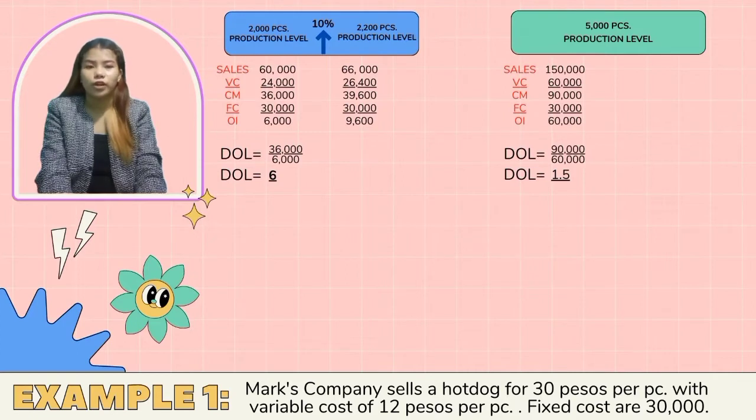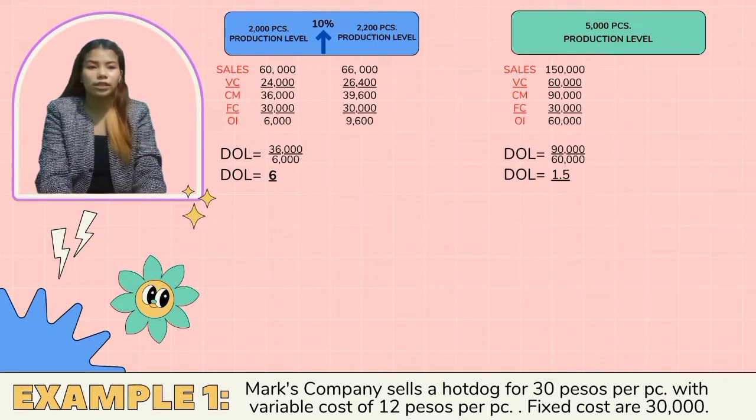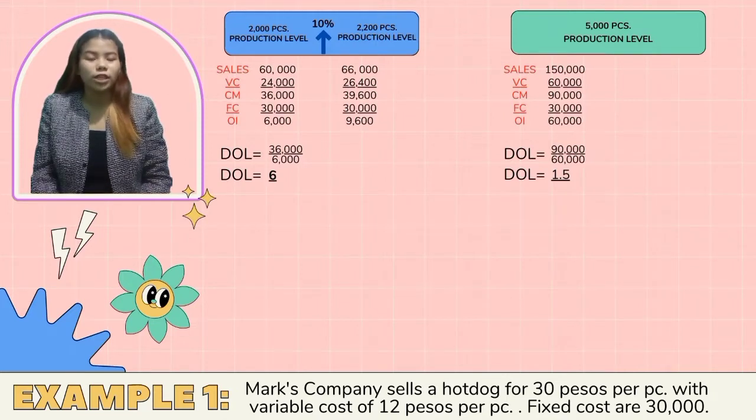The total variable cost is going to go up as well. So 2,200 times 12 gives us 26,400. If we subtract that, we get 39,600, which is our contribution margin.